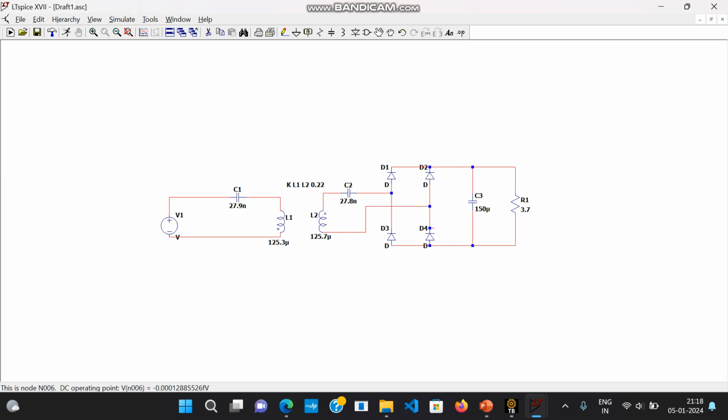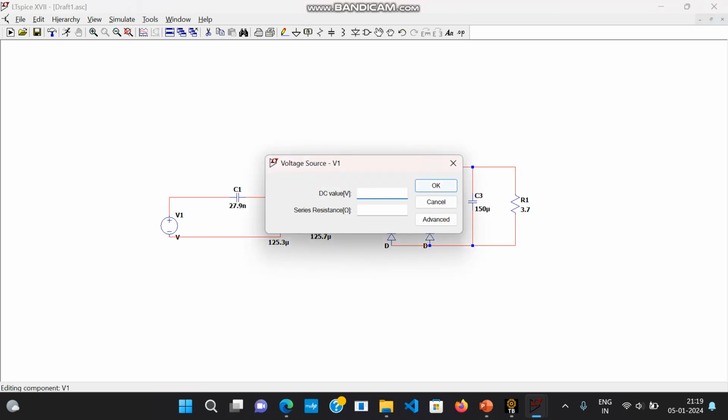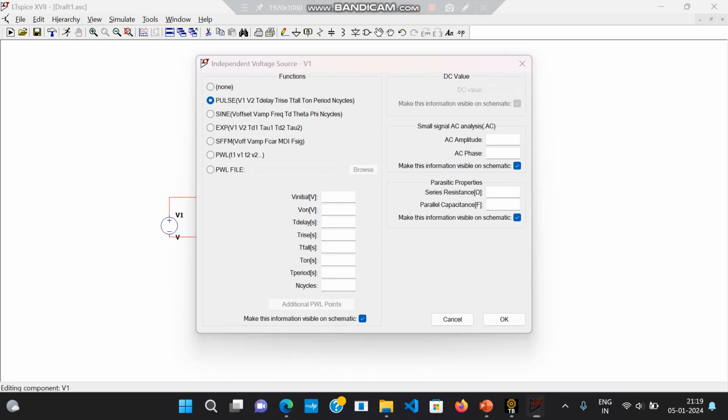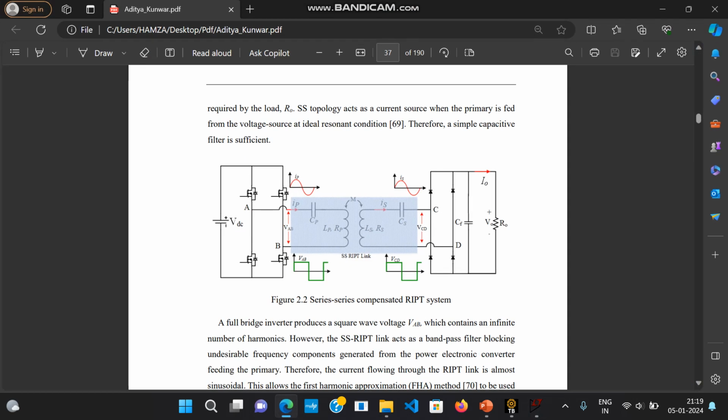Now let's apply the voltage. Move your cursor near the component and right-click. This box will appear. Go to Advanced. Here we are selecting the pulse, a DC pulse voltage. As I mentioned, we have to use an inverter to convert our input, either DC or AC, in order to increase the frequency of the current.